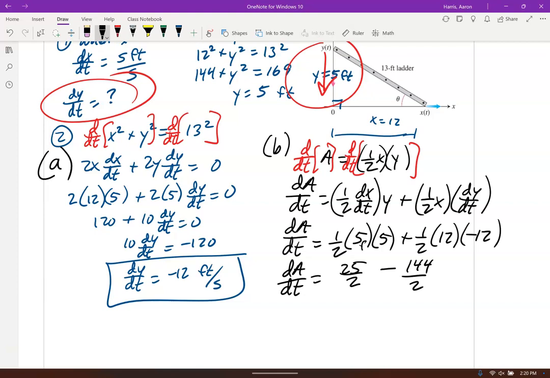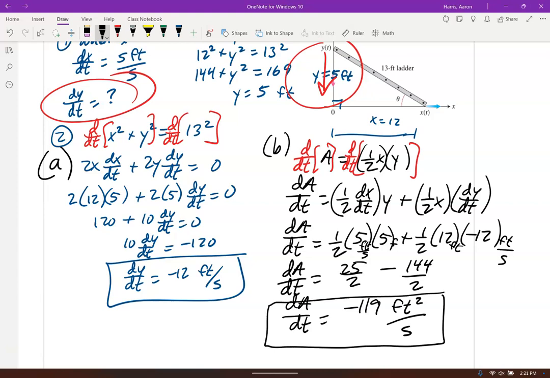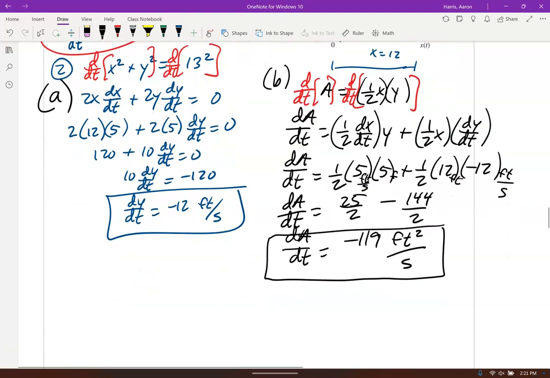This is feet per second. So this is square feet per second. Let's see, that'd be negative 119 square feet per second. So the area is decreasing 119 square feet per second.